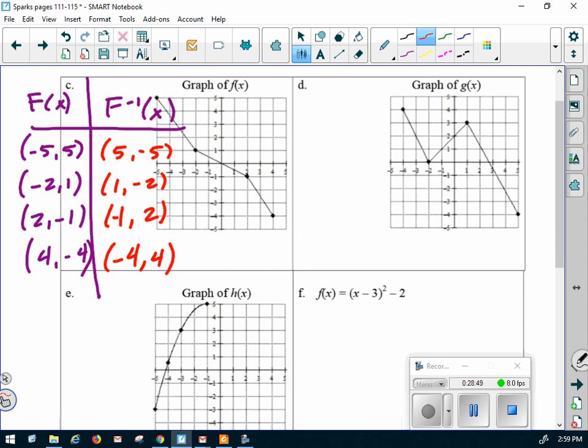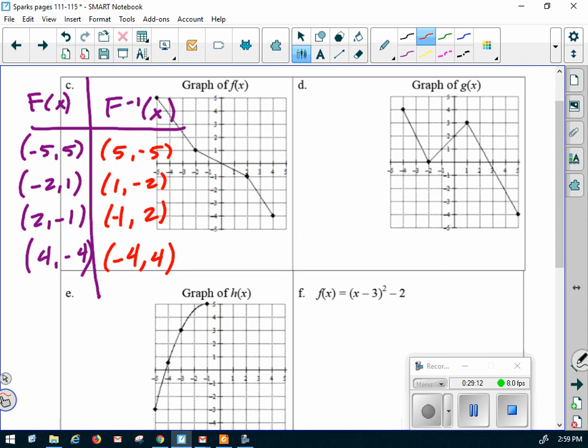Look at D. Is this graph 1 to 1? Why? Right. So you're going to say G inverse does not exist because G of x does not pass the horizontal line test, or you can say it fails the horizontal line test.